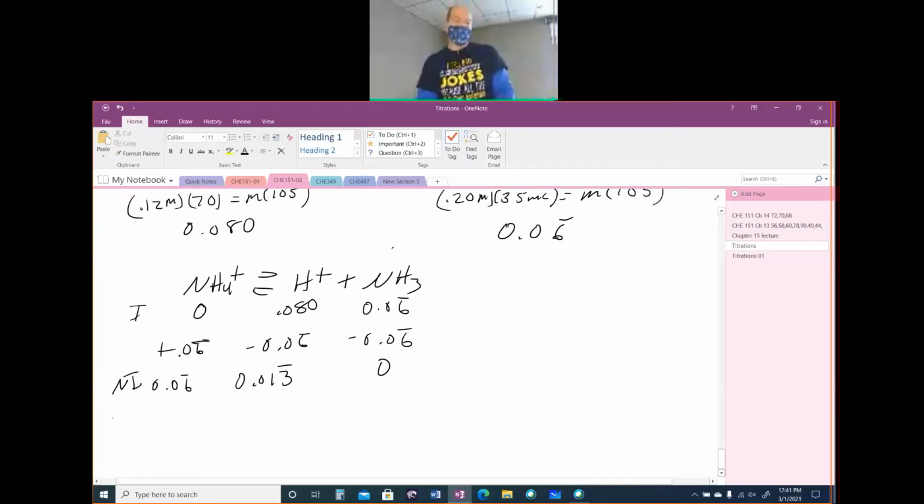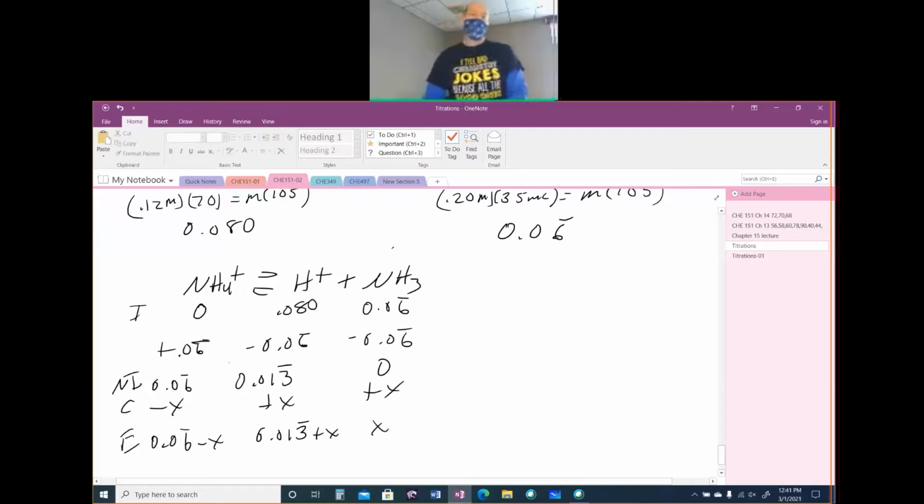All right, so change, equilibrium, minus X, plus X, plus X, 0.06 repeating minus X, 0.013 repeating plus X, and X. All right, when you have an initial concentration of a reactant and an initial concentration of a product, the X's can be neglected and they do not need to be checked. All right, so that means the minus x will have zero effect, the plus x will have zero effect.